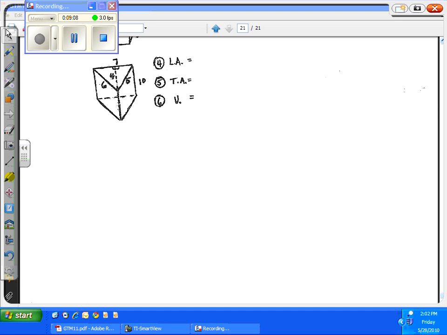The lateral area is the area of the sides. So lateral area is perimeter of the bottom, which would be these sides, 6 and 5 and 7. Perimeter of bottom, 6 plus 5 plus 7, times the height of the prism, which is 10.